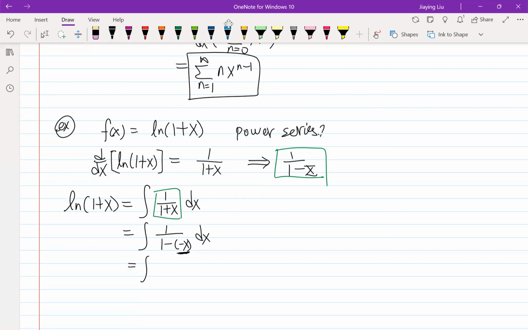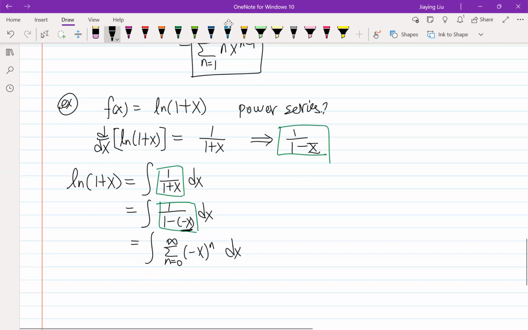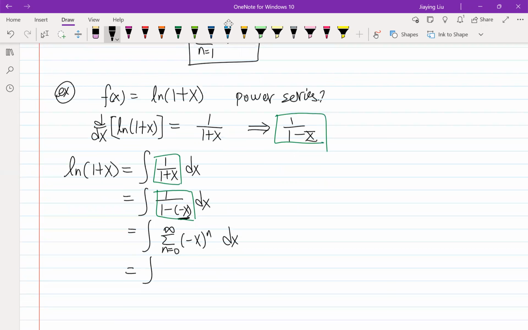Now I'm going to convert this part I'm boxing in green into a power series. So that's a sigma n from 0 to infinity, negative x to the n. And then we still have the integral on the side. Before I integrate, I'm just going to separate the negative from the x. So that's a sigma n from 0 to infinity, negative 1 to the n, x to the n dx.